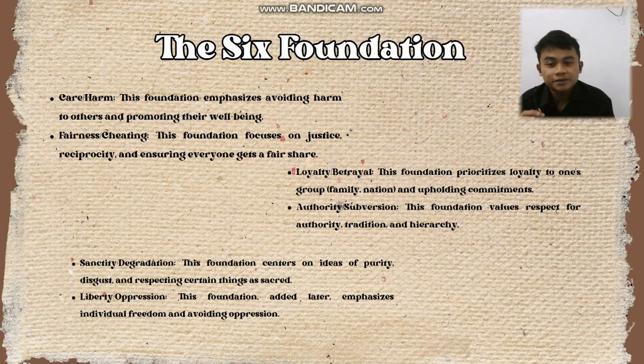The last one is liberty and oppression. This foundation, added later, emphasizes individual freedom and avoiding oppression. So, as we grow into adults, we want to be free. We don't want to be held by anything like a law that is not very humane, or maybe your strict parents, something like that.